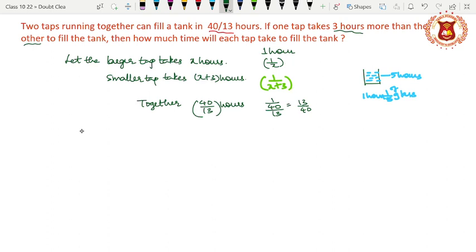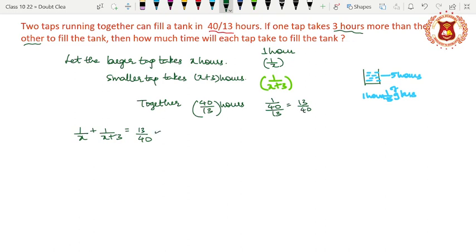Therefore the equation can be formed very easily here: 1 by x plus 1 by x plus 3 is equal to 13 by 40 together. The smaller pipe will fill 1 by x plus 3 portion of the tank, and the larger pipe will fill 1 by x portion of the tank. In 1 hour it is 13 by 40, right?